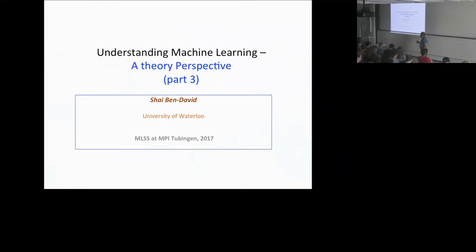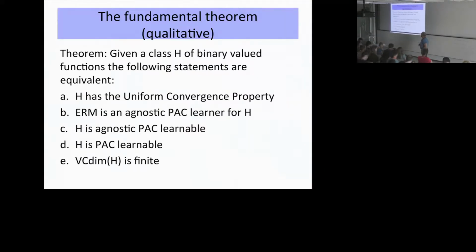in the last lecture. So I think the most important message is that we had this fundamental theorem, and the fundamental theorem tells you that all of those conditions are equivalent, as we've mentioned. The main thing is that we know that learnability, the question of whether a class is learnable or not, is completely determined by its VC dimension.